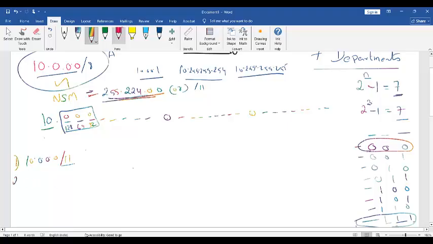Now let us go to the second network. Second network is 001, which means 1 is 32. 10.32.0.0/11. Next one.